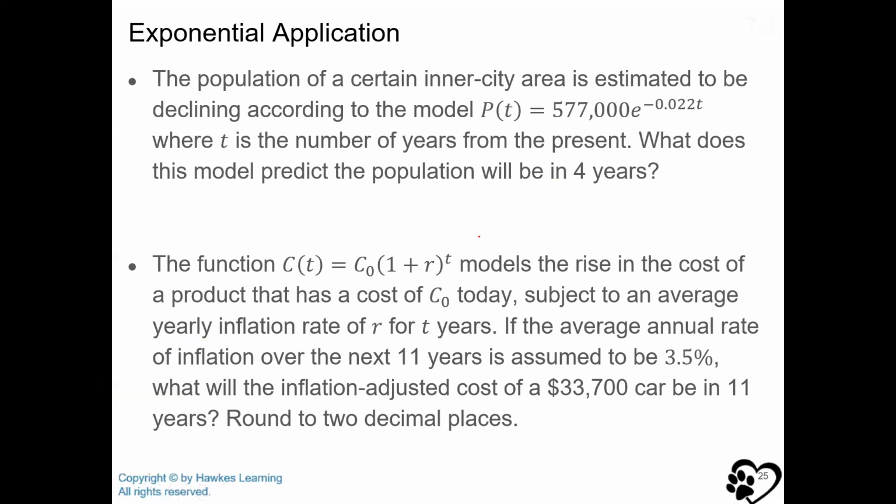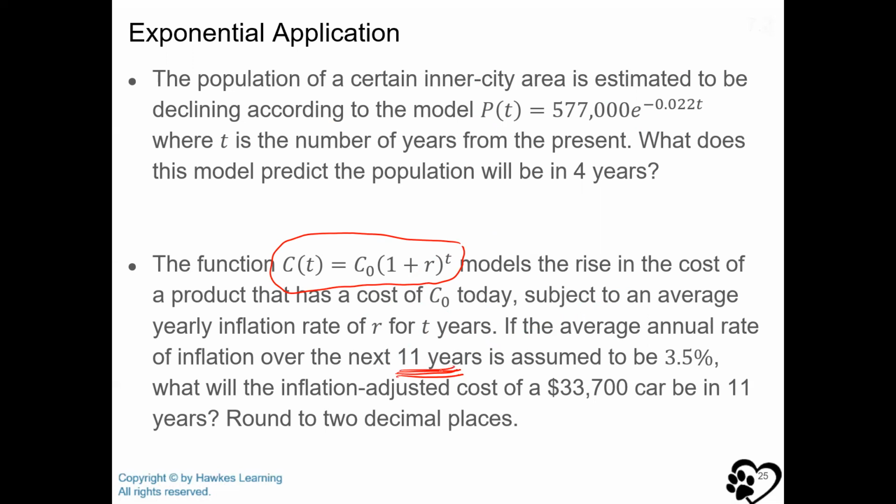All right, here's another formula. It tells us exactly what to do. It models the rise in the cost of a product that has a cost of C sub 0 today, subject to an average yearly inflation rate of r for t years, if the annual rate of inflation over the next 11 years is 3.5%.